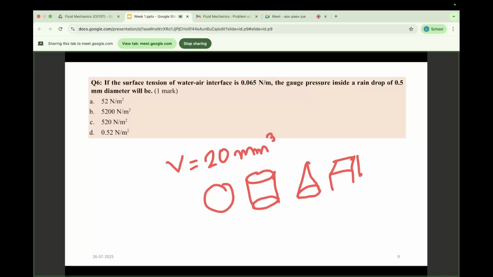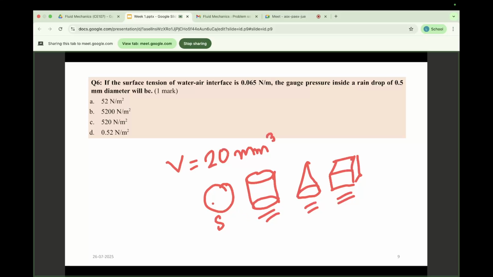If you calculate by yourself, you will find that the total surface area of the sphere is less compared to all the other geometries.